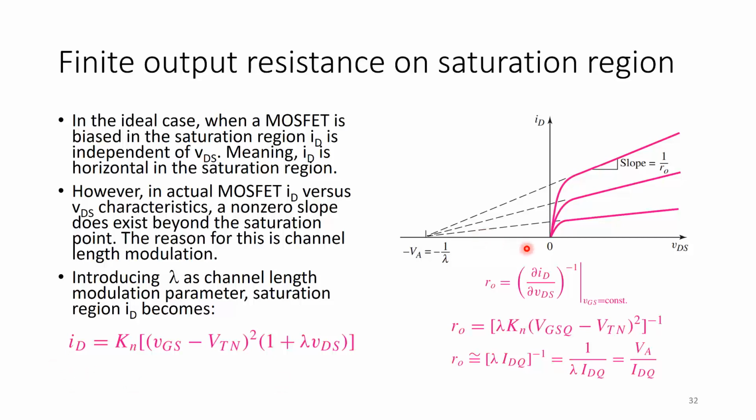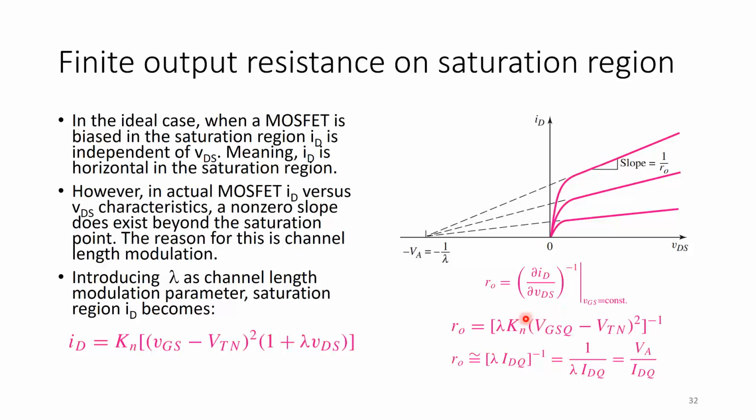How do we find this slope value? If you use Ohm's law, the slope is going to be 1 over R out. So 1 over R out is the partial differentiation of ID with respect to VDS.